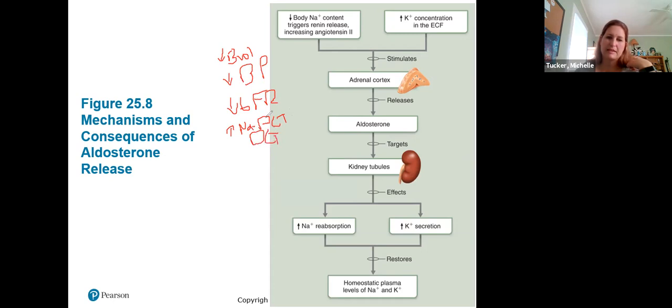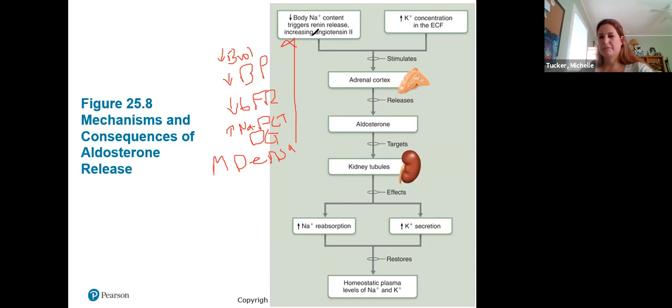And that's because things are going by so slow. This is sensed by those macula densa cells, which then triggers the granular cells to release renin.